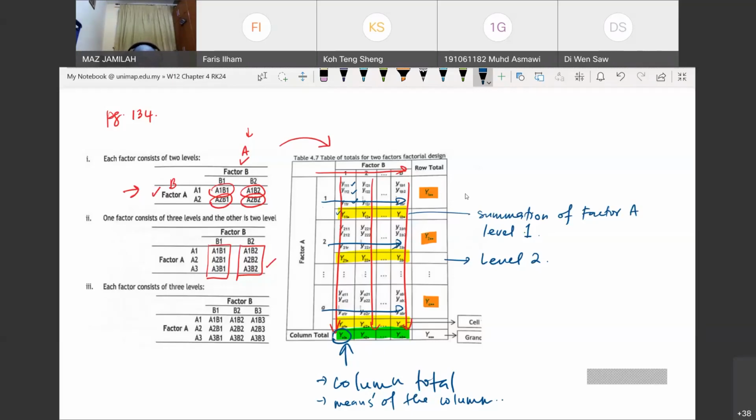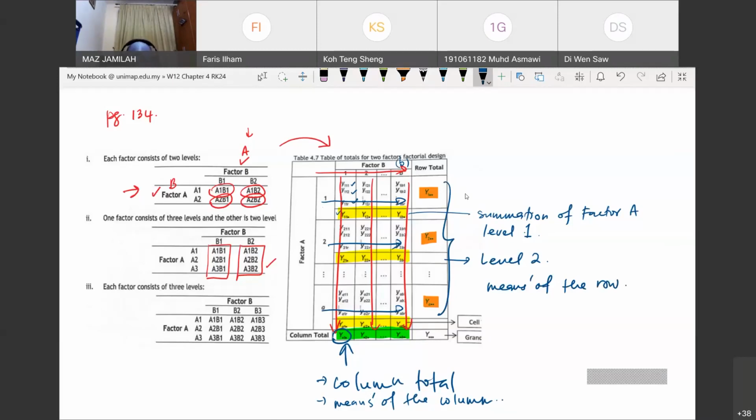Then you will also have your row total, and from your row total you will have the means of the rows.